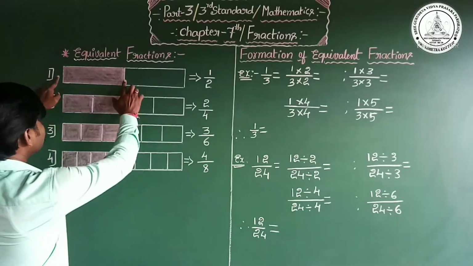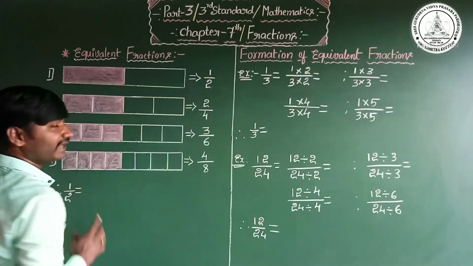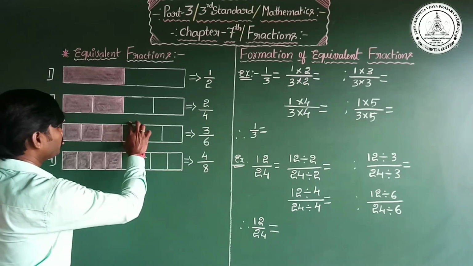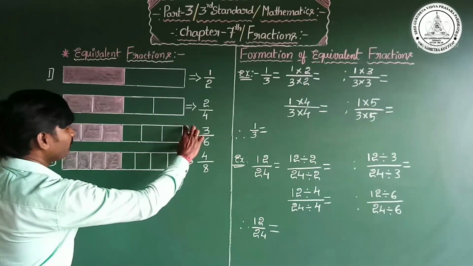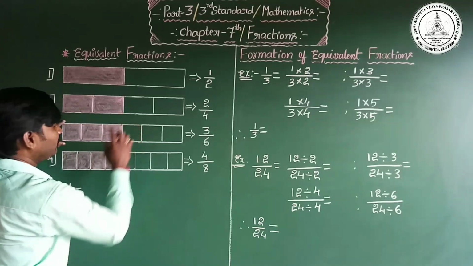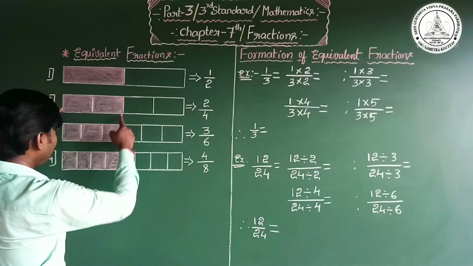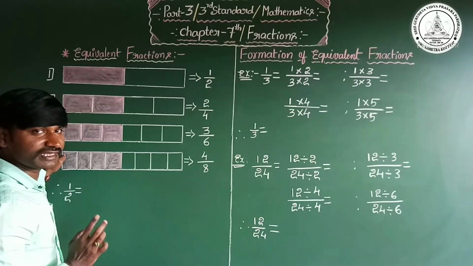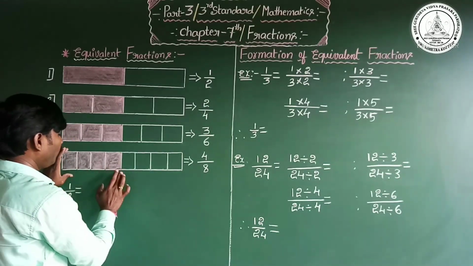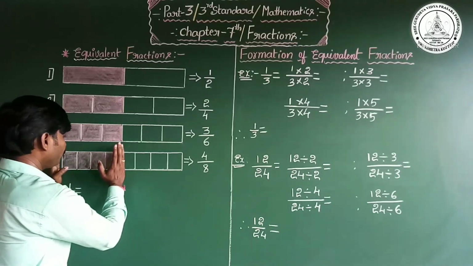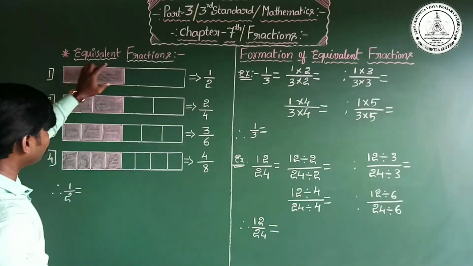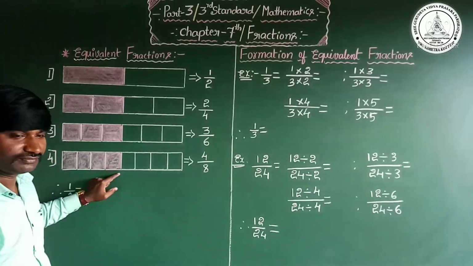Next, the figure divided into 6 parts, where 3 parts are shaded, is the same manner. The fourth one is also the same: 4 parts shaded out of 8, but all are equal.